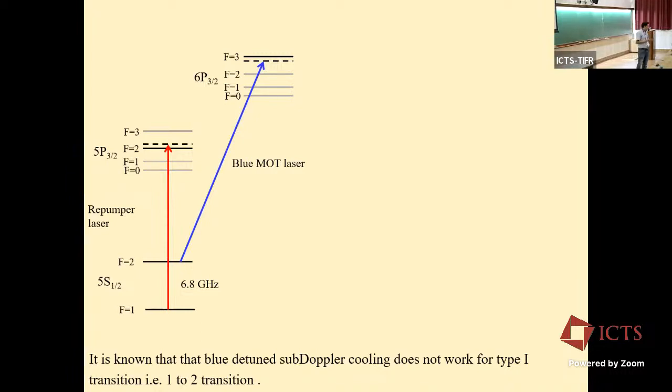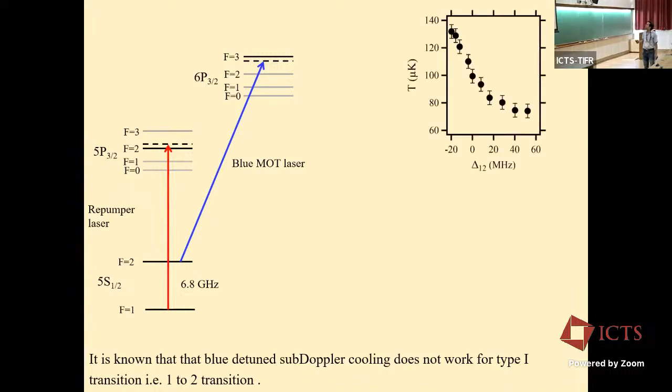However, we tried here. We have a blue MOT here, and then here we have a repumper, which is driving this transition 1 to 2, and we are putting blue detuning here. And we saw that the temperature is going down. And here is the plot for the temperature versus detuning.